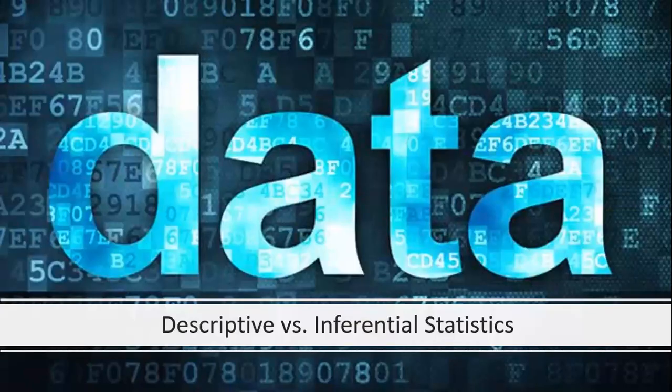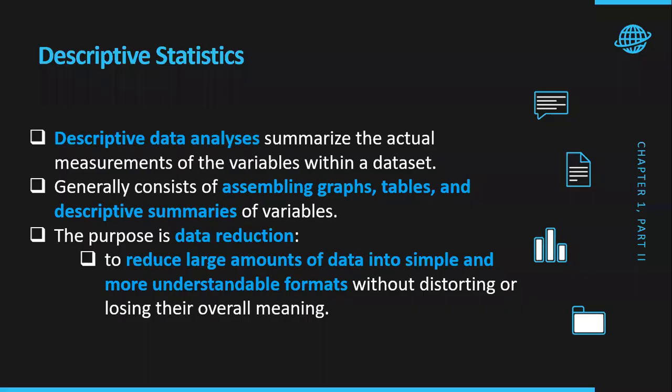Now let's talk about the difference between descriptive and inferential statistics. Descriptive data analyses summarize the actual measurements of the variables within our data set. This generally consists of assembling graphs, tables, and descriptive summaries of variables.